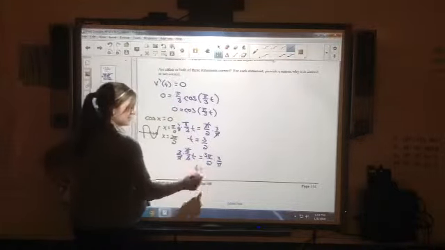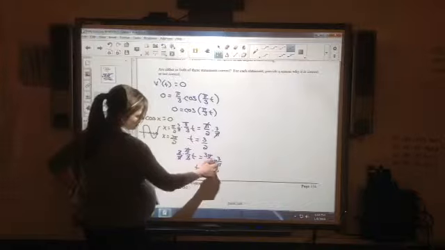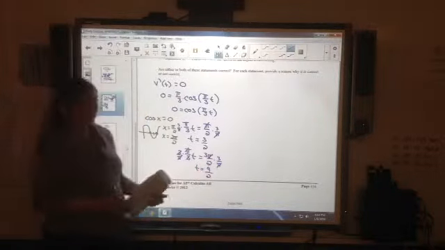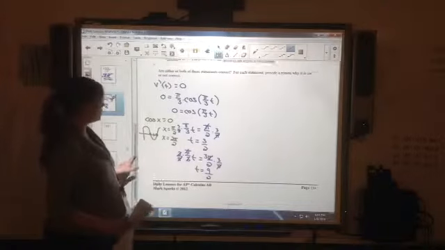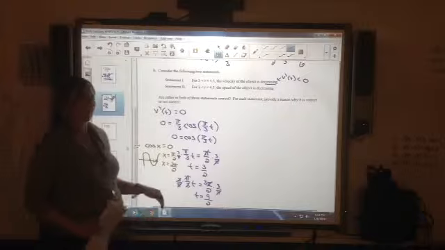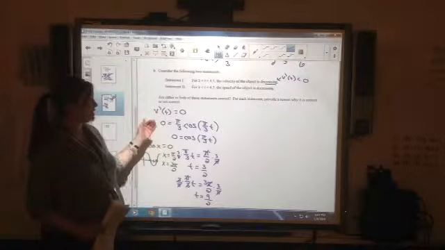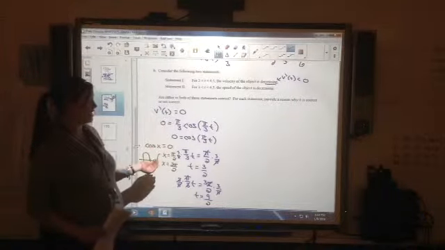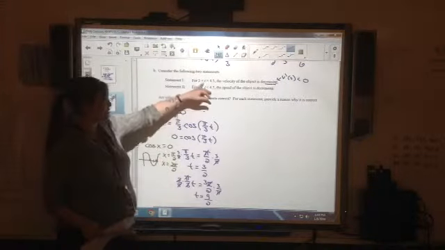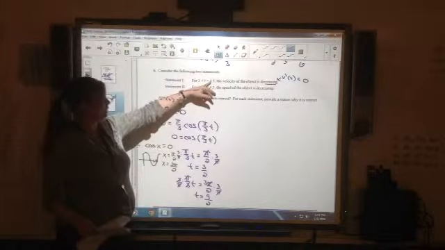I get t is equal to, the pi's go away, 9 over 2. 9 over 2 is the same as 4.5, which is on the very end of this interval. This seems like a ton of work, but you're showing that the velocity, or v prime of t, isn't changing signs. It's going to be the same sign from 3 to 4.5.